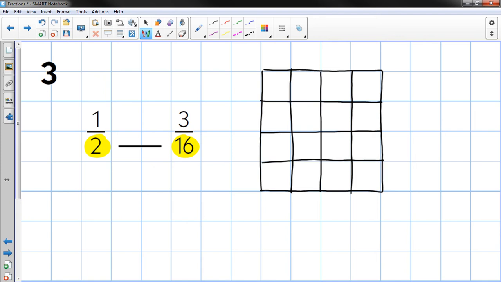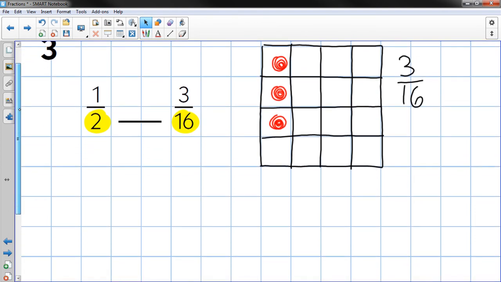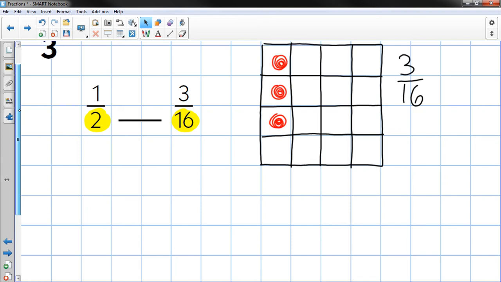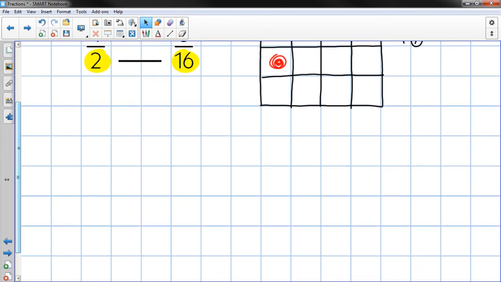I'm going to label this 3/16, and 3 of them would be colored in, or you could do these circles. All right, have to raise this up a little bit. So that's 3/16. Well, down below, I have to draw another one for half to compare them.